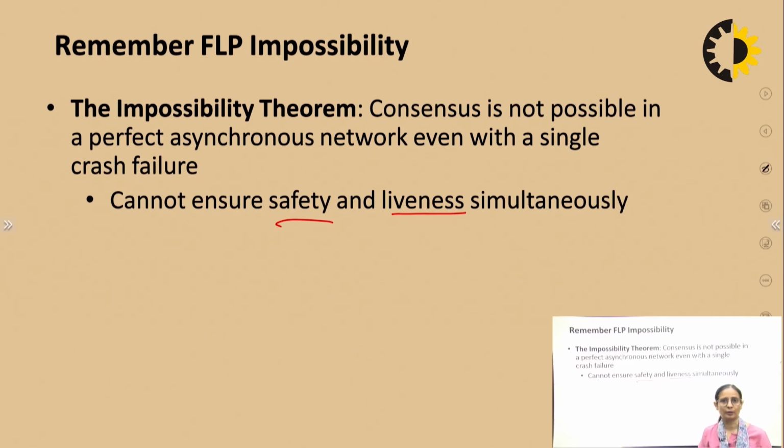When we talk about consensus algorithms in a blockchain, there are two terms generally talked about: safety and liveness. Safety and liveness cannot go together hand in hand. If you focus on safety, then liveness suffers, or if you focus on liveness, then safety may suffer. That is, there is a trade-off between safety and liveness.